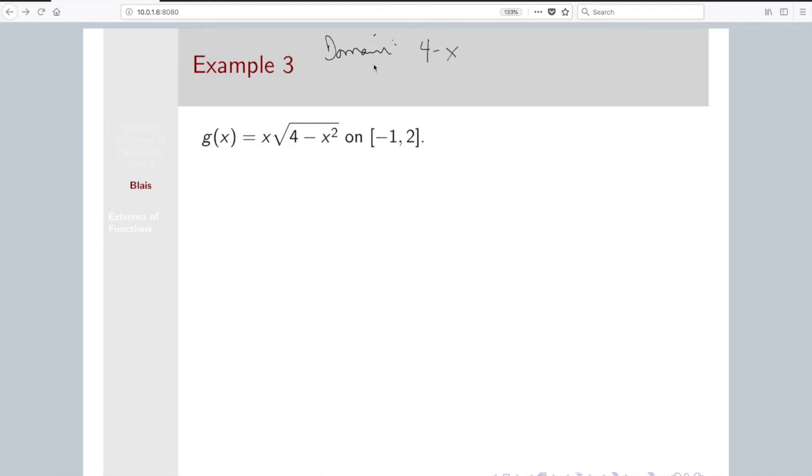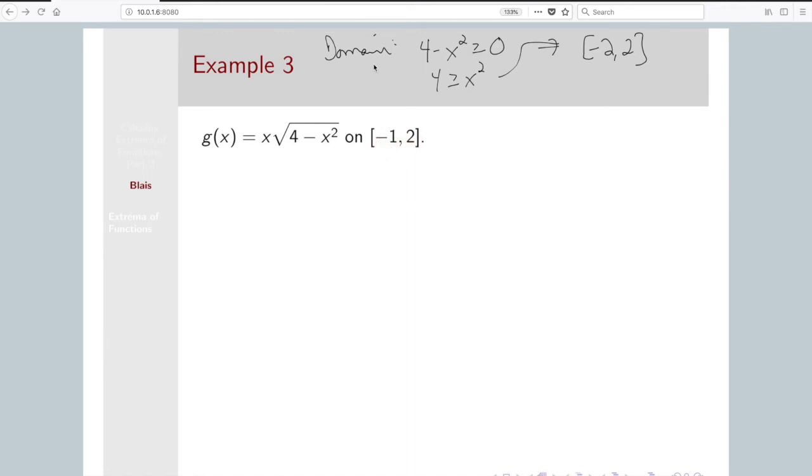So we need 4 minus x squared to be greater than or equal to 0, or x squared to be less than or equal to 4. And that gives us the interval [-2, 2]. And we see that [-1, 2] is inside of there. So we're not looking at quite the whole domain. This is just a check that everything is fine with this interval.